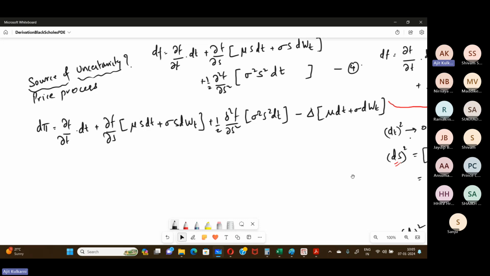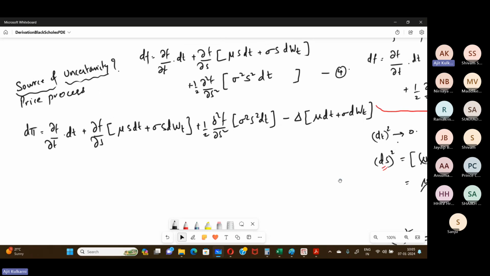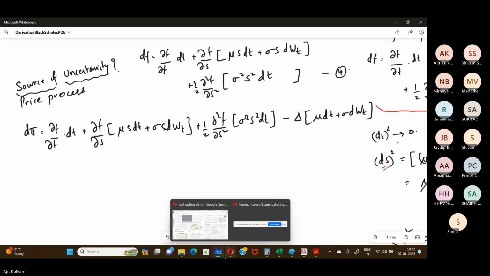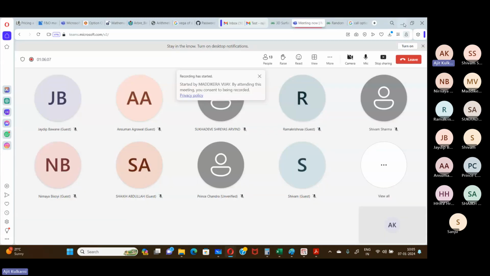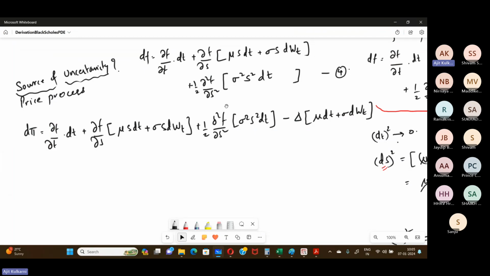Anyone on the call? So volatility. Volatility is just a constant number, right? You can treat that as a constant number.